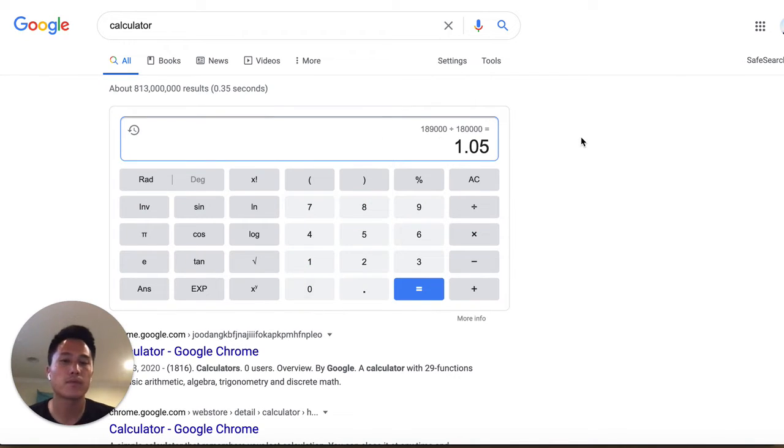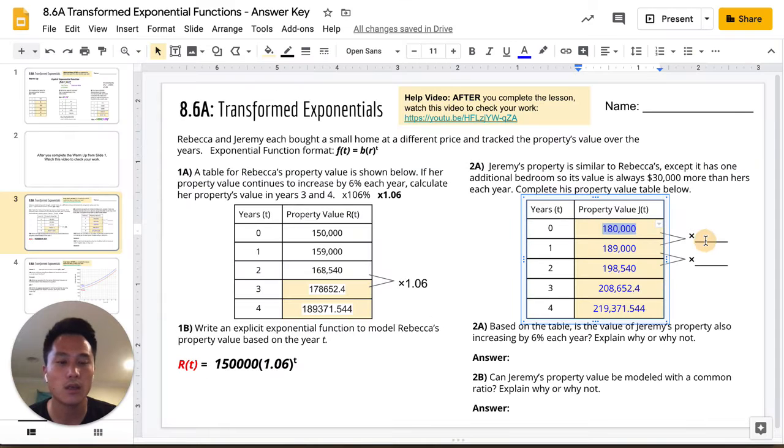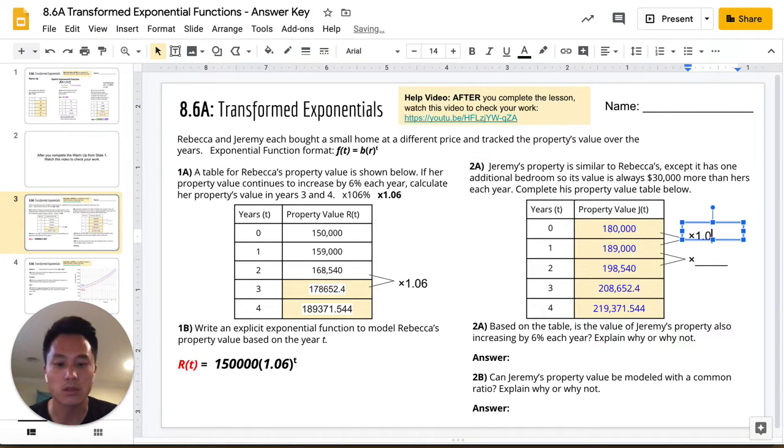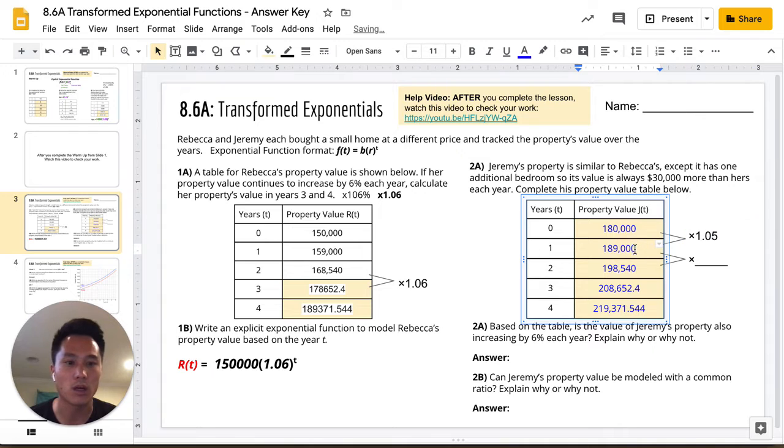Here we go. Okay, so the ratio between the first 2 years is actually 1.05. 180,000 times 1.05 gets me to 189,000. So already I know this is not a 6% increase because we're not multiplying by 1.06 between each term.